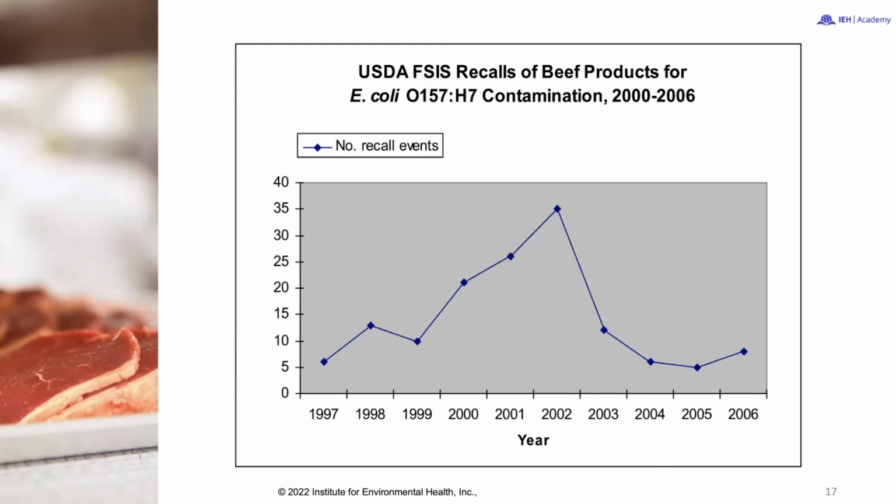So you can see, if you're looking at the number of recalls from 2002 down to 2003, 4, and 5, there was a significant drop in the number of recalls of beef products, primarily because of this enhanced regulatory perspective on O157:H7 and the introduction of a relatively more robust testing program to find this pathogen and verify the control programs.